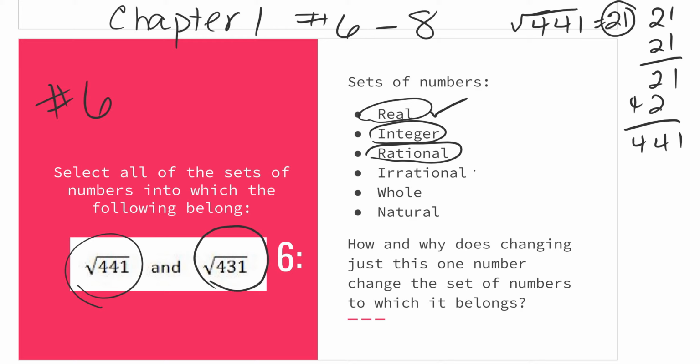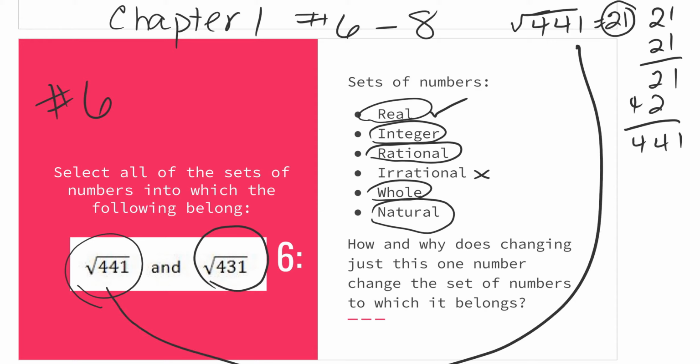If it's a rational number, that means it's not irrational. 21 is a whole number, and 21 is a natural number. Okay, so that takes care of 441.